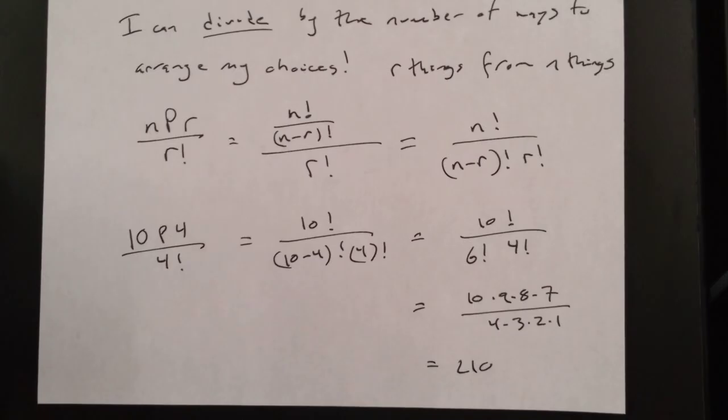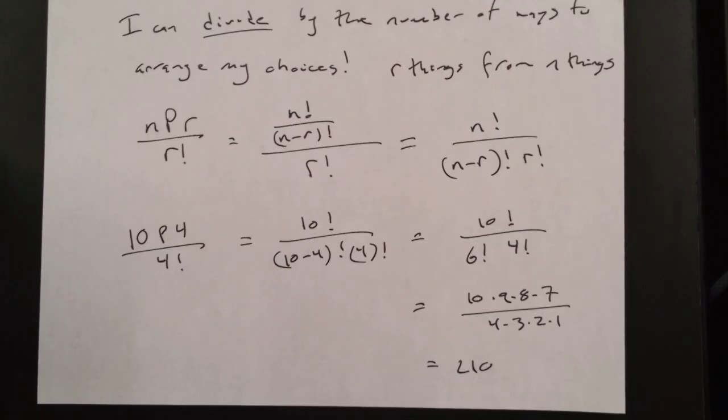Which is a lot smaller than just 10 times 9 times 8 times 7. If I'd just done the permutation, then the order would matter and I'd have a lot more ways, yes?